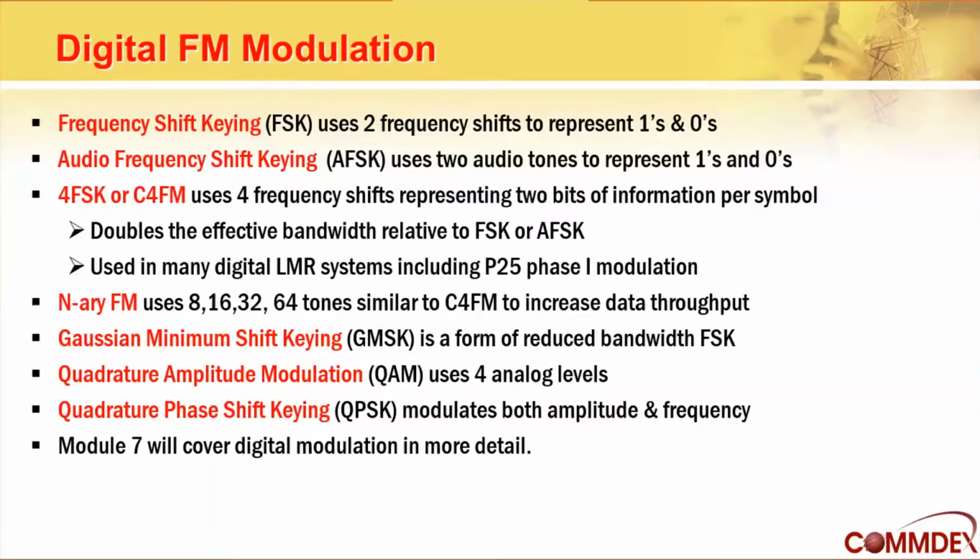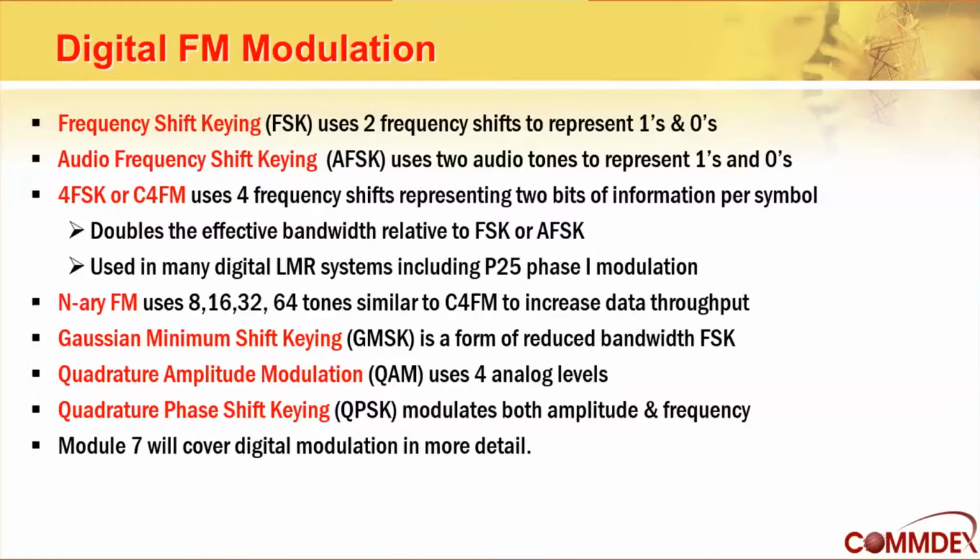There are other types of FM that use 8, 16, 32, or 64 tones, and that by using more shift levels and tones, they're able to fit more bits in and increase the throughput. Those get pretty complicated and aren't used much in mobile radio.